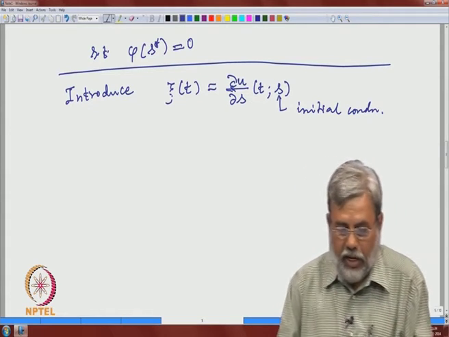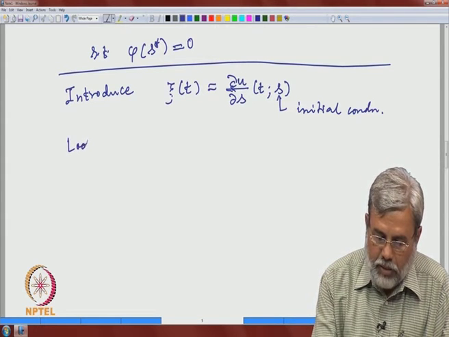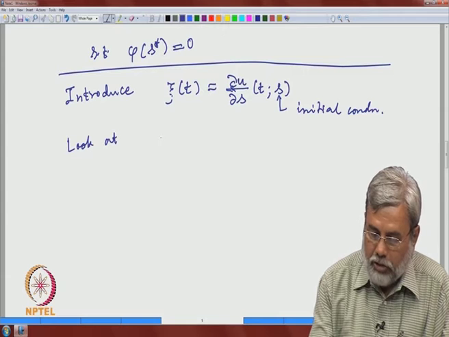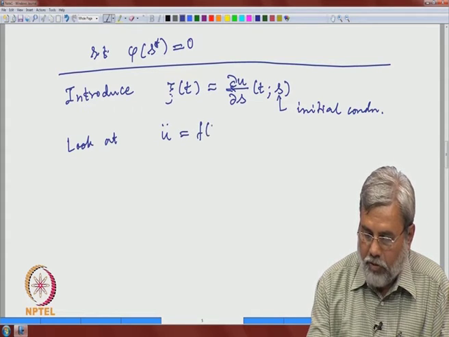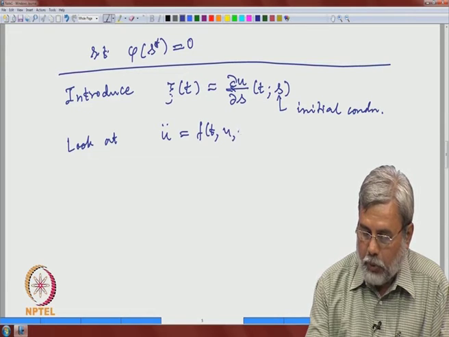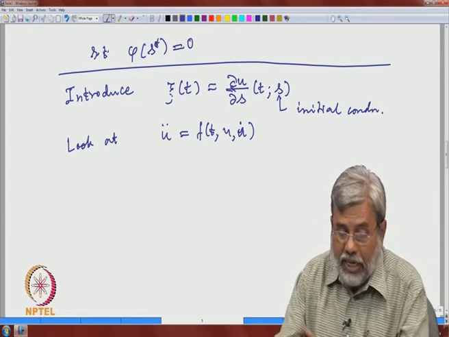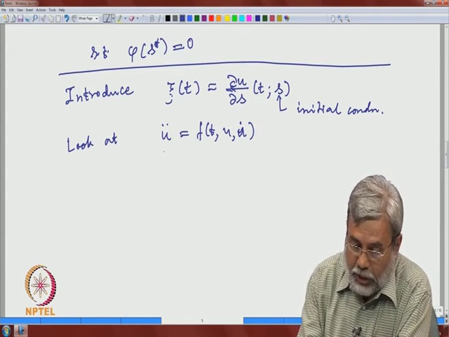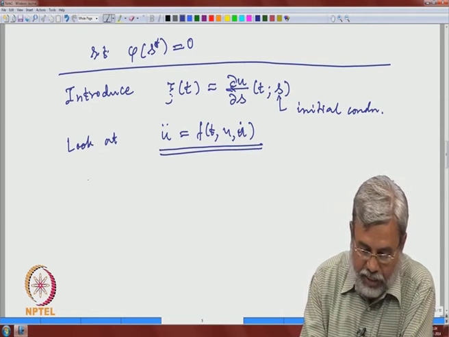Okay. And now, look at the equation again for the u. So, recall that u double dot equal to f of t, u, u dot. Okay. So, u now implicitly depends on this s. So, we will differentiate this equation with respect to s.